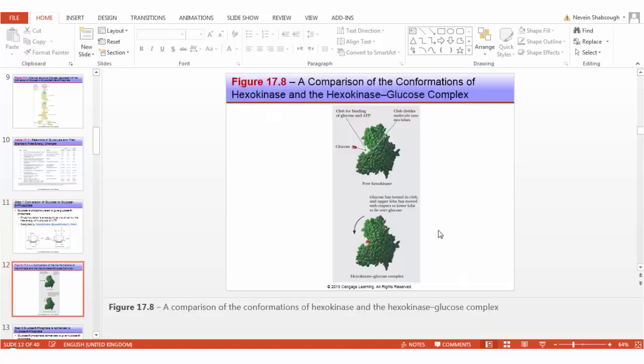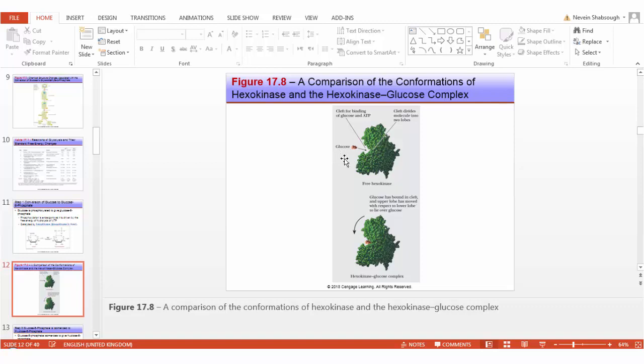Now, if we look at this figure, which shows a comparison of the conformation of hexokinase before and after substrate binds. Here we have the free enzyme hexokinase, and here we have a cleft for binding of glucose and ATP, and then another cleft which divides the molecule into two loops. Now this is the substrate glucose.